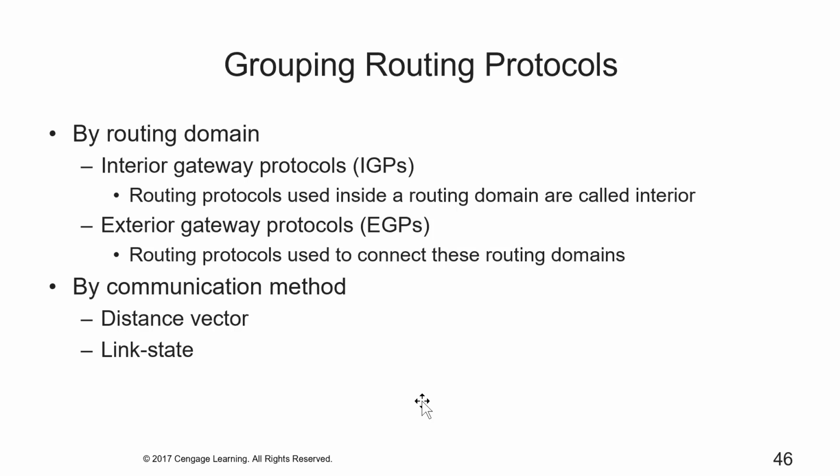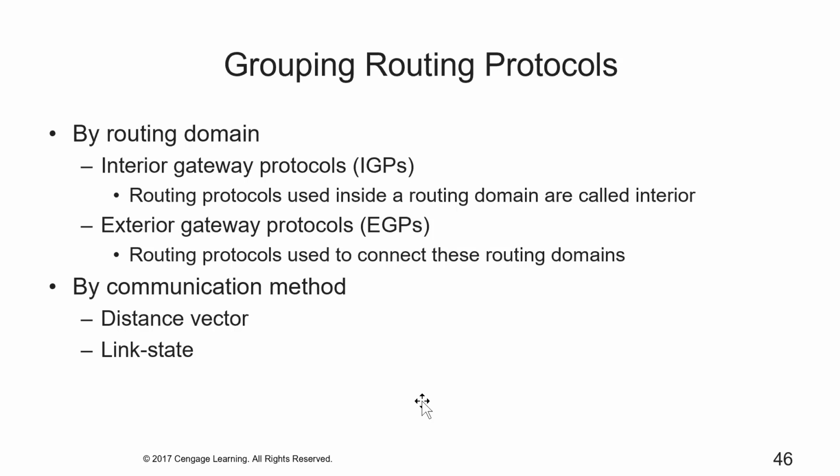The solution was to create routing domains. They're autonomous systems, which we'll define later, but each organization can have complete control over its own routing domain, set it to appropriate security levels and policies without impacting any other organization.